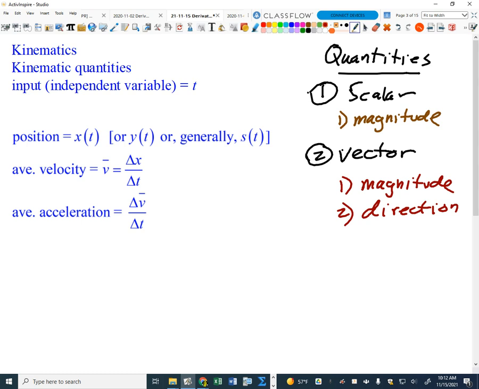These are vector quantities, so I really should put a vector hat over these. And acceleration, we would just call that A with a vector hat. What's that vector hat? It's just supposed to be kind of like an arrow, right? Which reminds us that they have a direction.